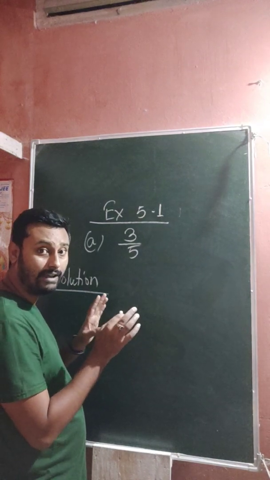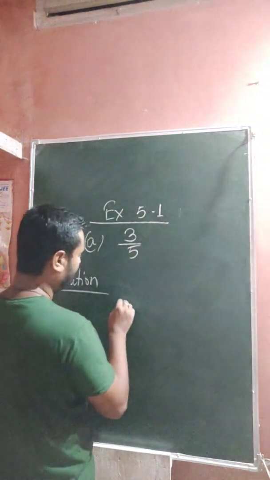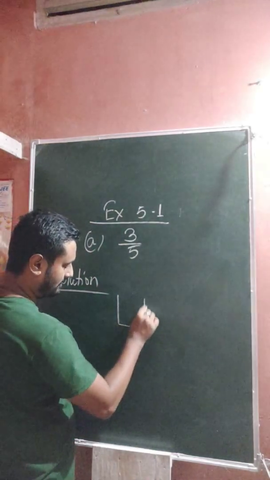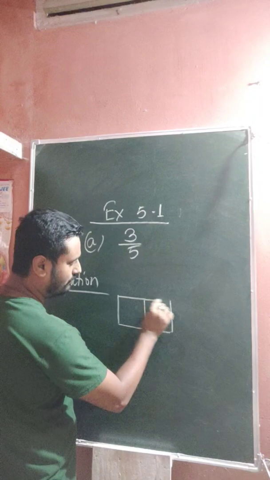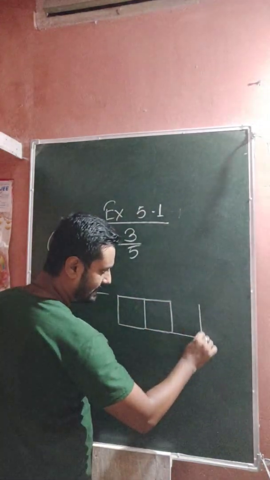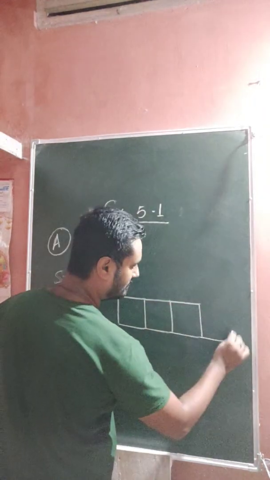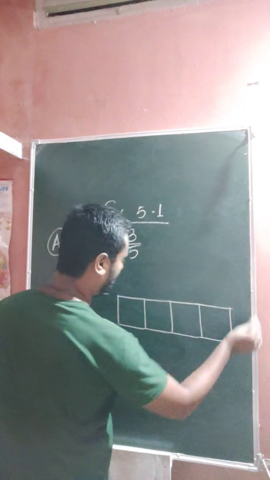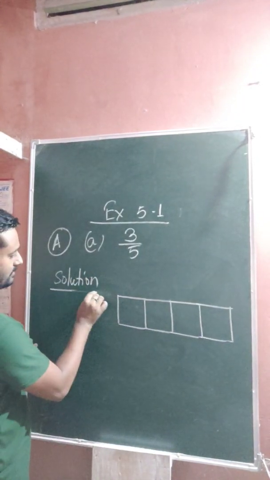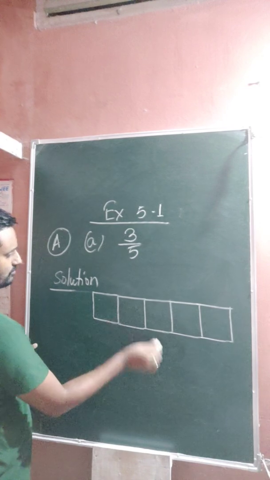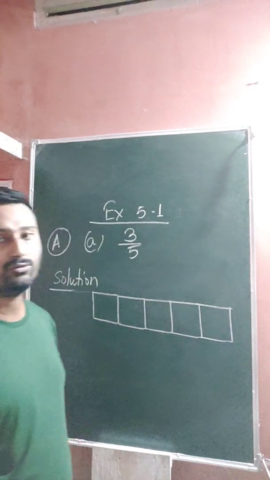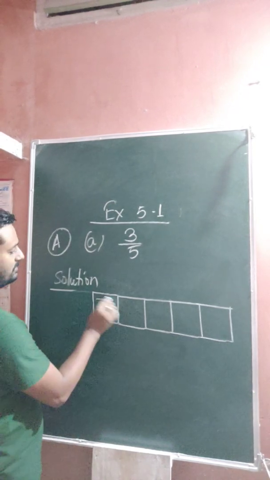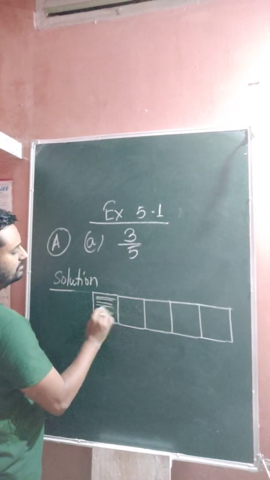Suppose you draw 5 squares like this. All of you do this using a scale and pencil, accurately. The squares must be equal. All the squares must be equal. Suppose you draw 5 squares. Out of 5, suppose you shade 3 squares.